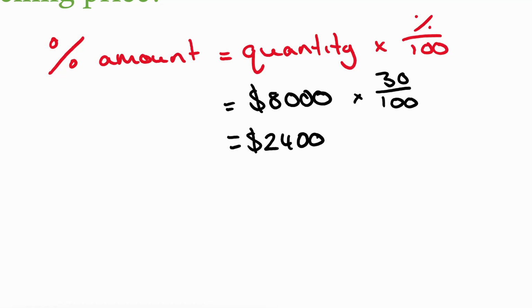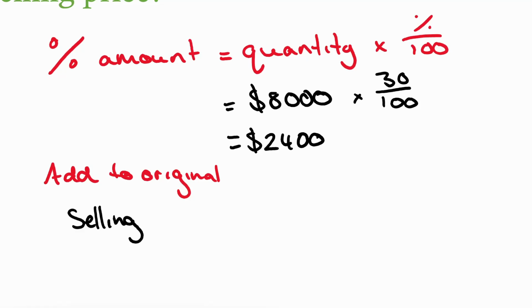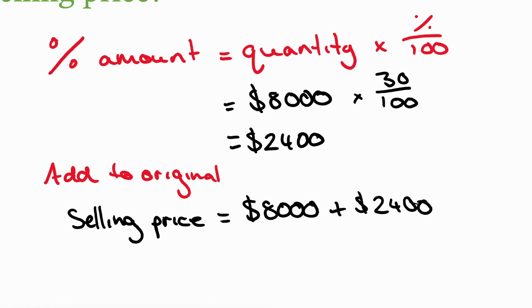Then we need to add this back to the original. So our selling price is the 8,000 that it cost to make, plus our 2,400, which is our markup. We end up selling this item for 10,400.